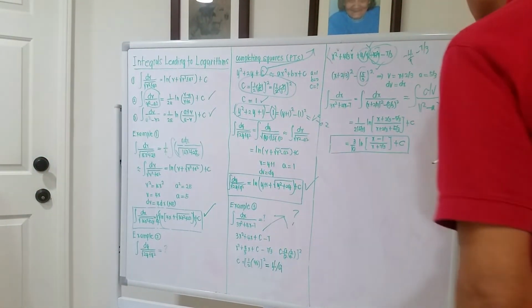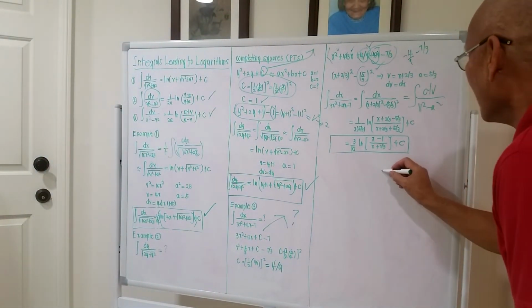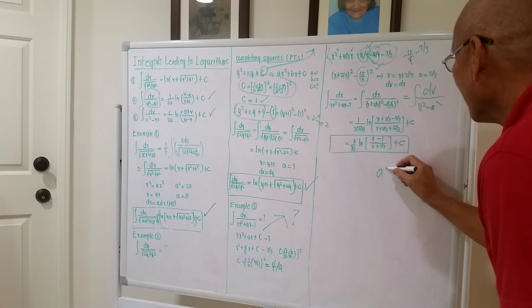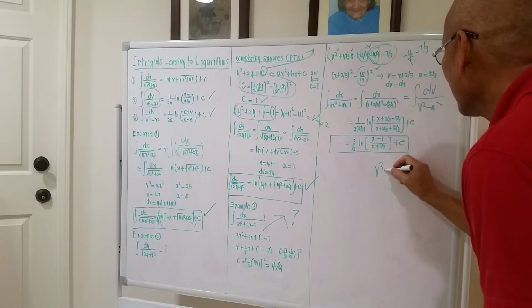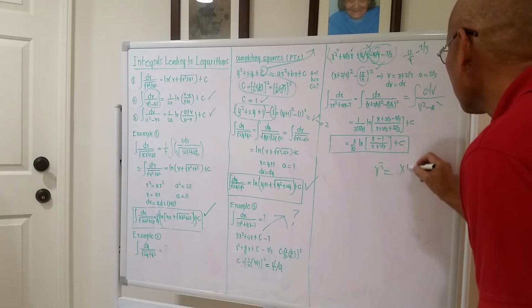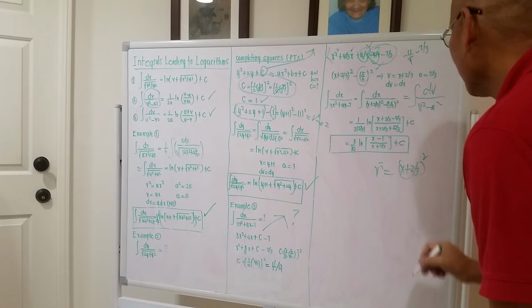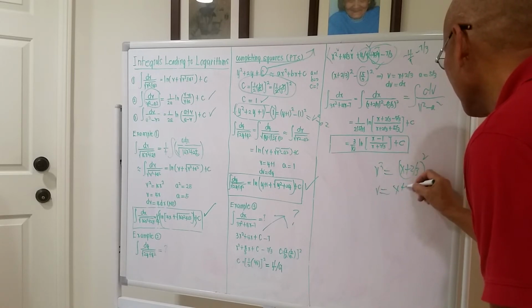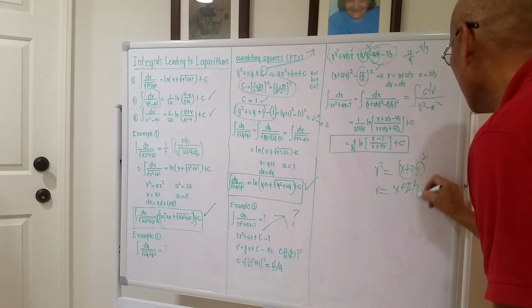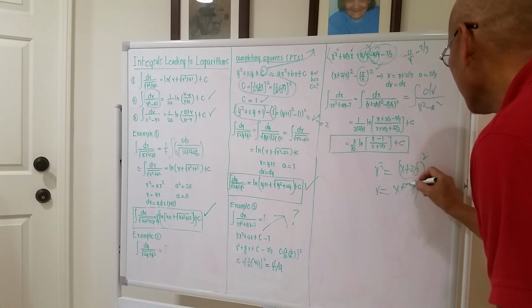And in here, b squared is equal to x plus 2/3 quantity squared, right? Take the square root of both sides. b will be equal to x plus 2/3.